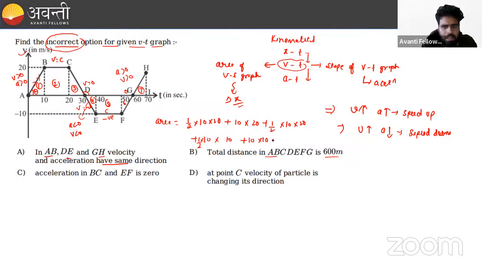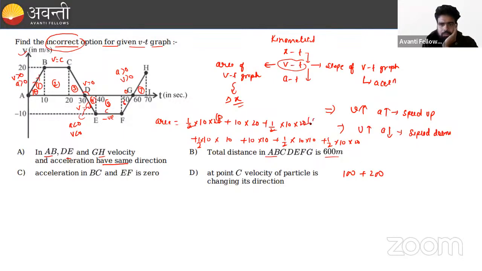What is the area of this part? Again, half 10 into 10, and this part again half 10 into 20. So in this manner, 10 into 10 becomes 100, and this becomes 200, correct?